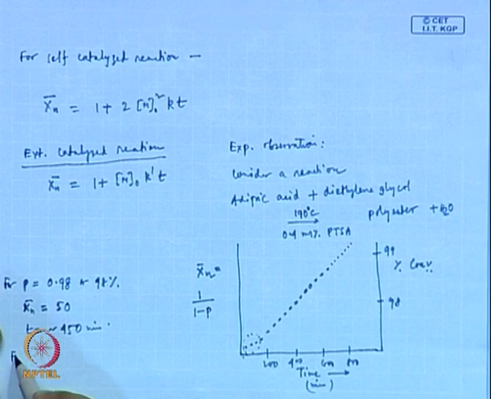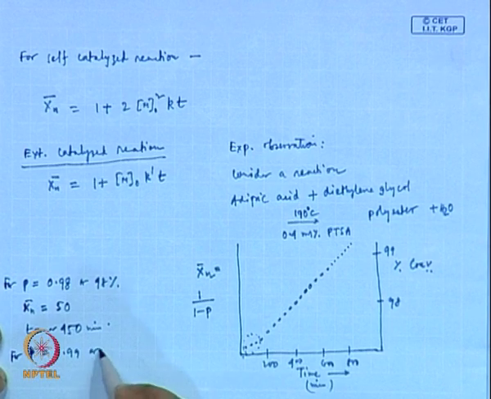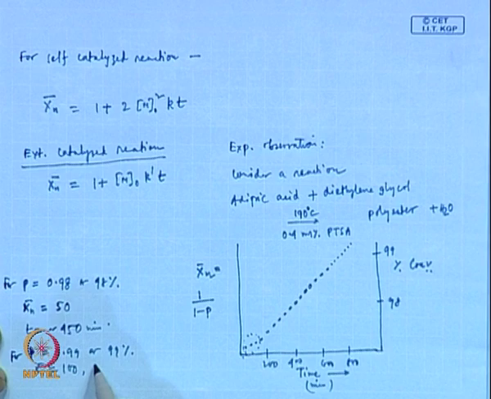Now, for P 0.99 or 99%, Xn bar corresponds to 100 and T is almost 850.